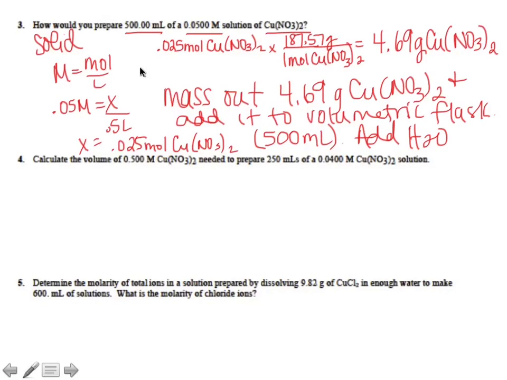We're going to swirl it around to get it to dissolve, add some more water, swirl it around to get it to dissolve, keep on doing that. And then finally, once all of it has dissolved, we're going to add water all the way up to our tick mark, the appropriate volume. So add water until you have 500 mLs of solution.